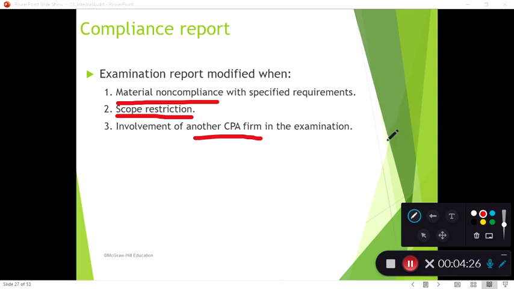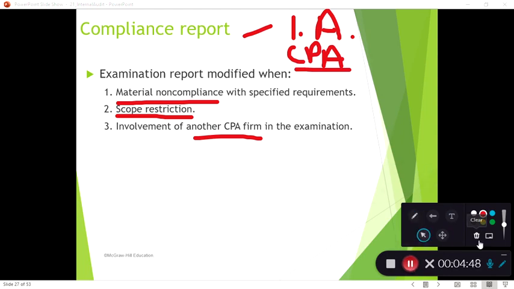So compliance, and by the way, compliance can be done by internal auditors, but it also can be done by CPAs that are external to the firm, right? And so these standards are largely talking about when it's a CPA firm doing an examination. And so before, when I mentioned that internal auditors can be a part of compliance, they definitely can, but obviously any reports they're issuing are not going to be public, right?